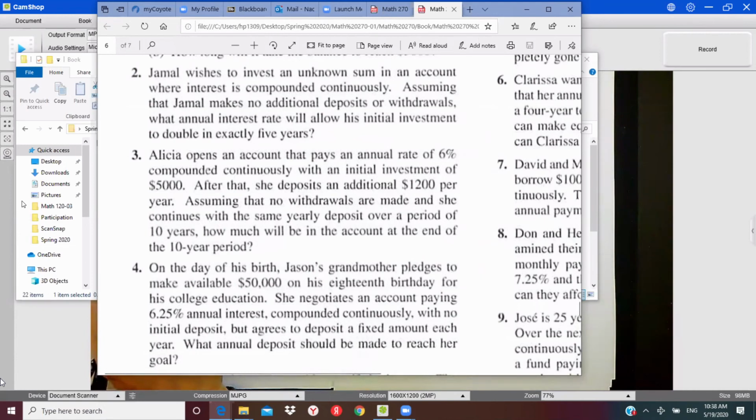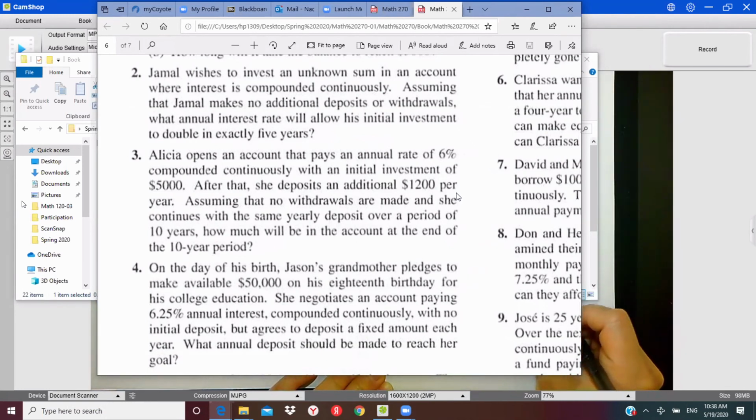The initial investment is given, so that would be P sub 0, $5,000. So she started with 5,000. After that, she deposits an additional 1,200 per year.